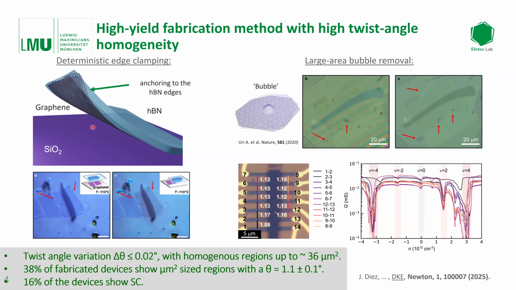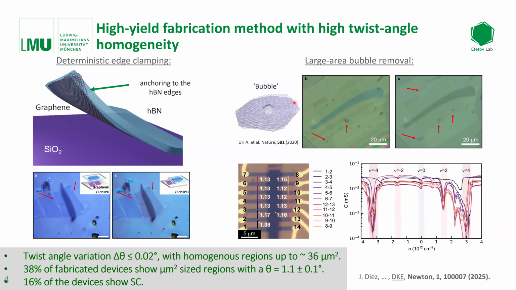The idea is that when you assemble the device, you try to clamp the two edges of the graphene layers to an HBN flake. With this, you can stabilize the twist angle and make sure that it doesn't fall back to 0 degrees in the fabrication process.